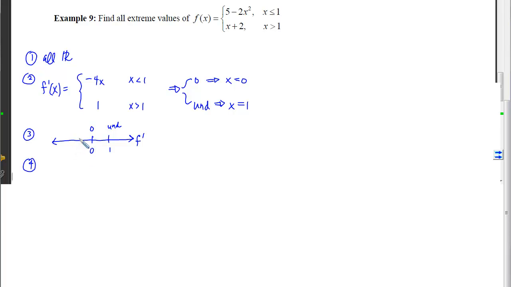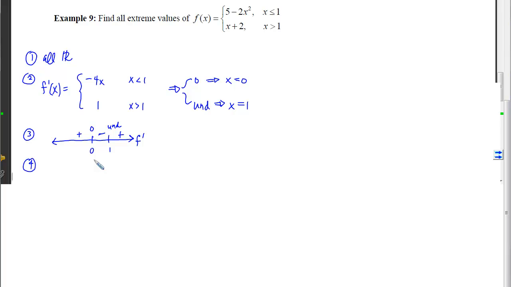Prior to 0, say at negative 1, I'm in this branch, and I can see that plugging in a negative would give me a positive output for the derivative. In between 0 and 1, I'm still in this branch, but now I'm plugging in a positive number, so my output will be negative. After 1, I'm in the bottom branch, and the outputs are always positive.